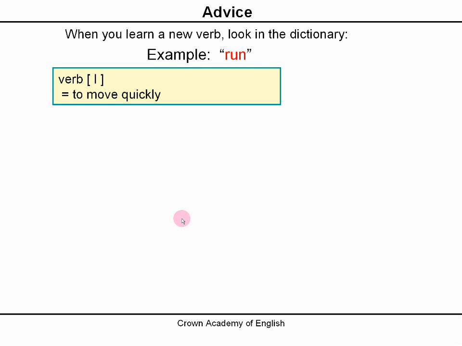So there are two main definitions of the verb run. And this is the first one. So if we look in the dictionary, it will tell us it's a verb, and it will give us the definition: to move quickly, faster than walking. And I'm sure you all know and understand this definition.